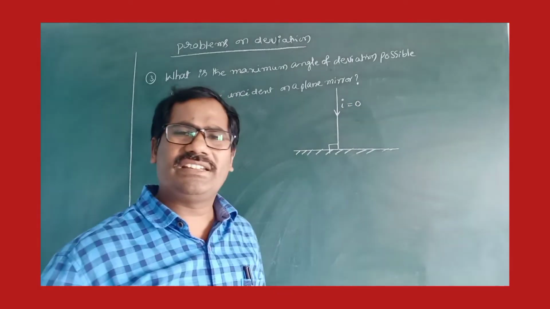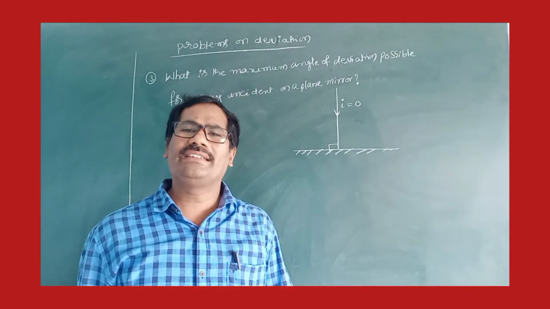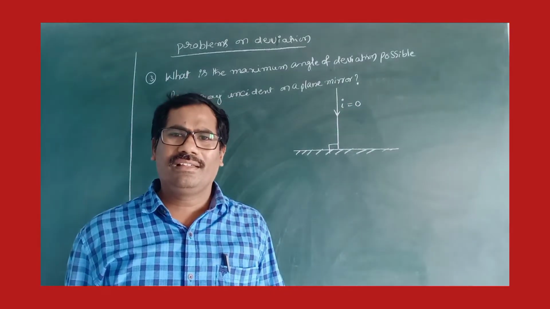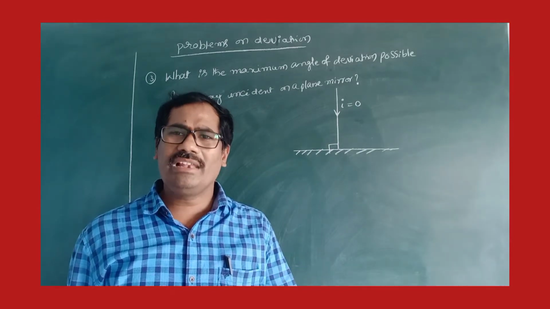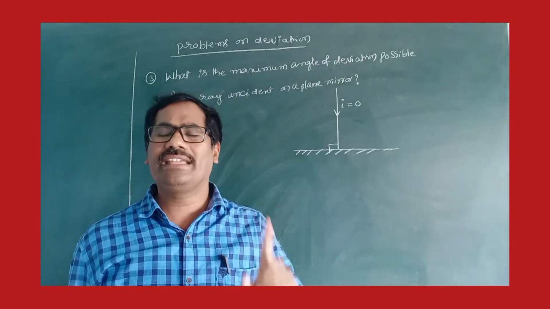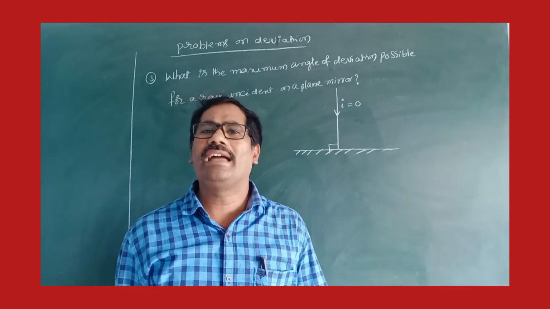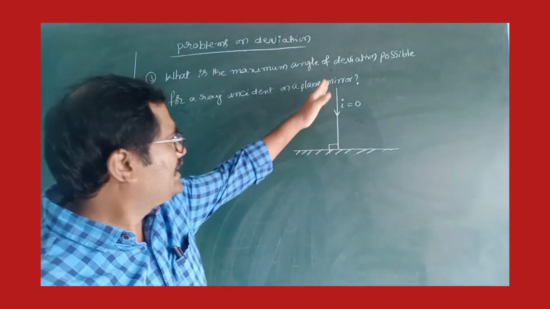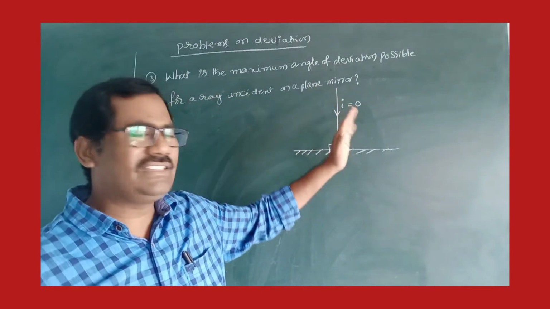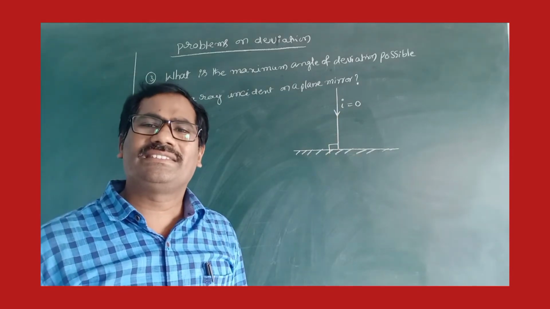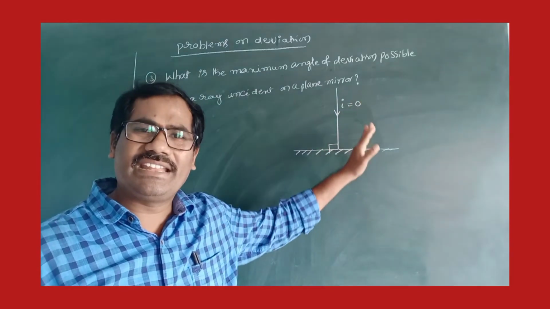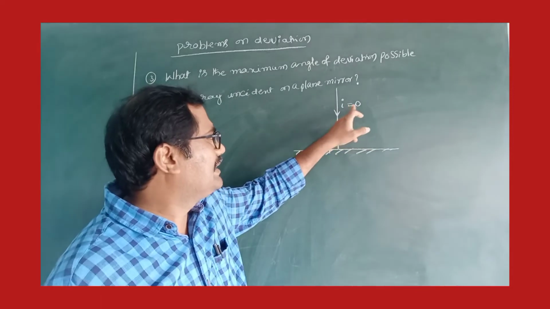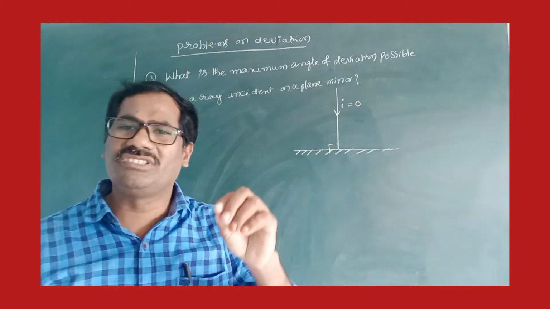What is the angle of incidence? The angle made by the normal with the incident ray is known as the angle of incidence. Here the incident ray and the normal are the same, so the angle of incidence is equal to 0.